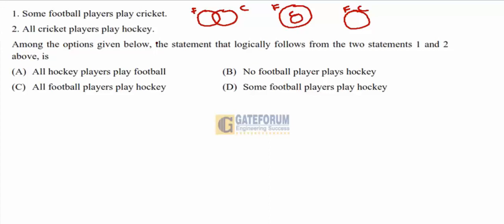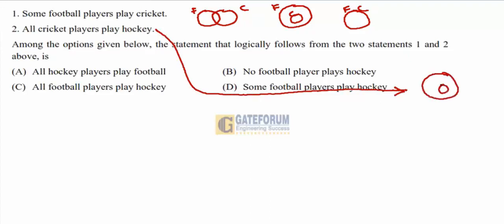Now all cricketers play hockey. Where do I show that? Let me show that here. All cricket players play hockey. So that can be done like this. And there is another one.